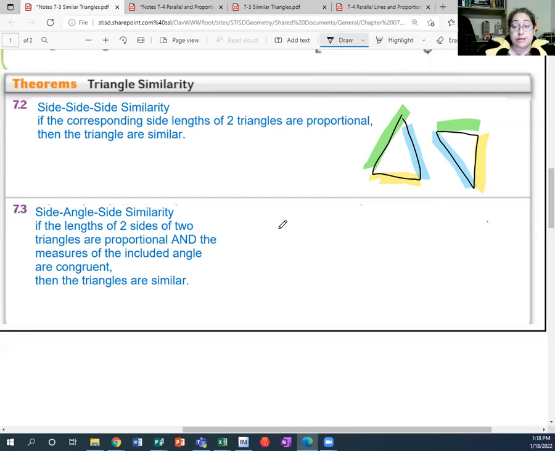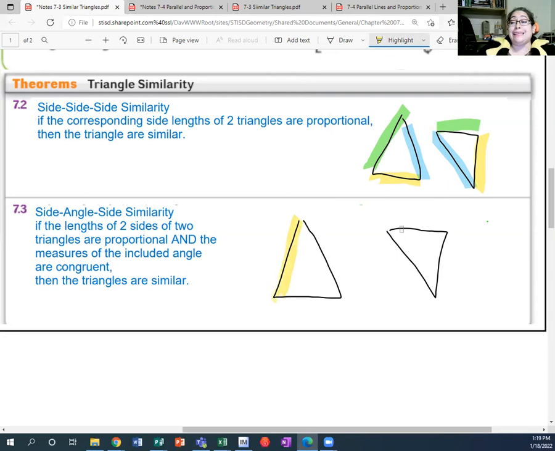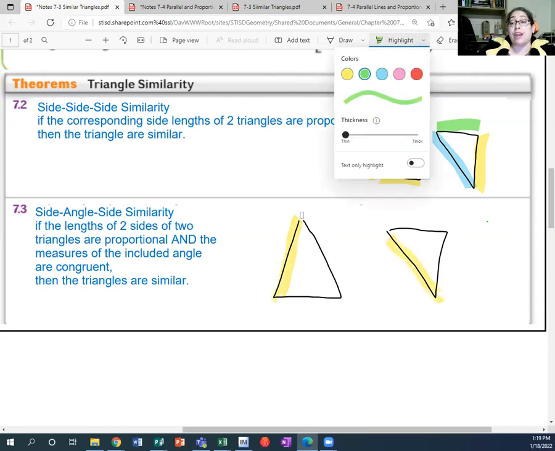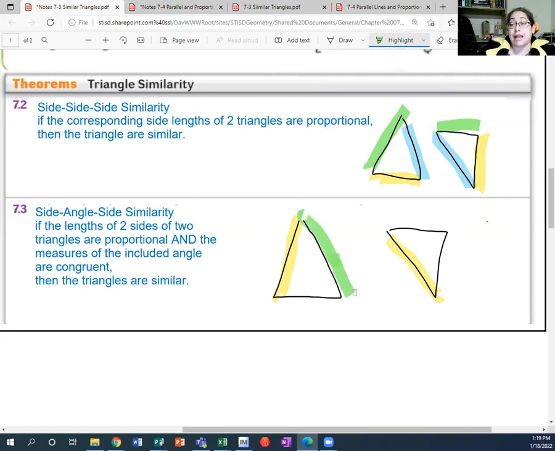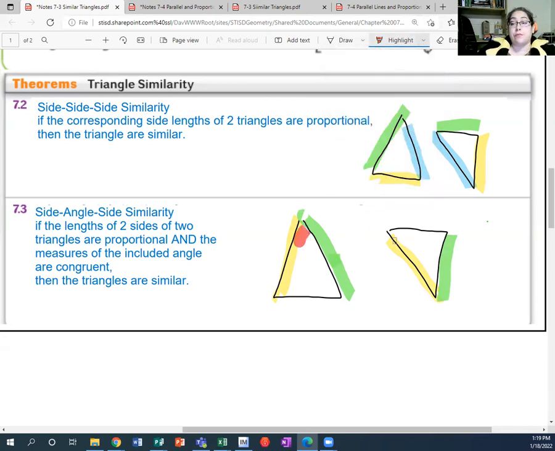The next theorem is side angle side. It says if I have the lengths of two sides of a triangle in proportion, and the included angle, that is the angle that's created by those two sides that I'm looking at, congruent, then that's enough information for me to say that the triangles are similar.